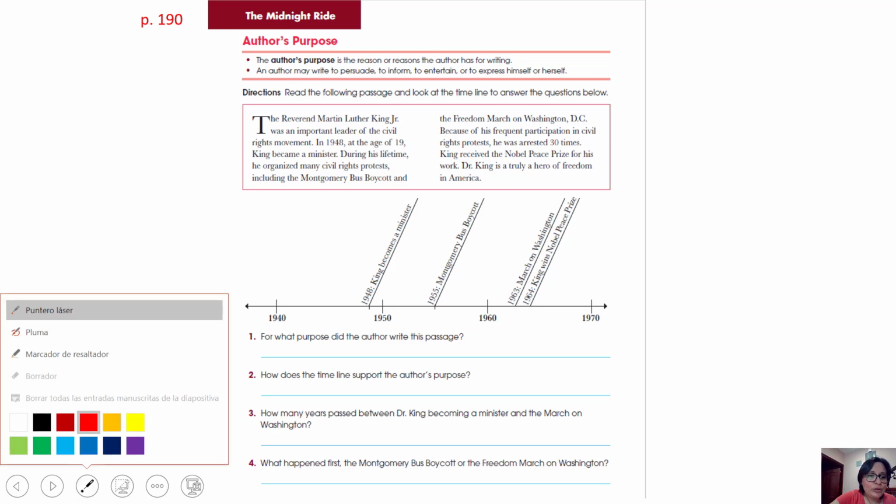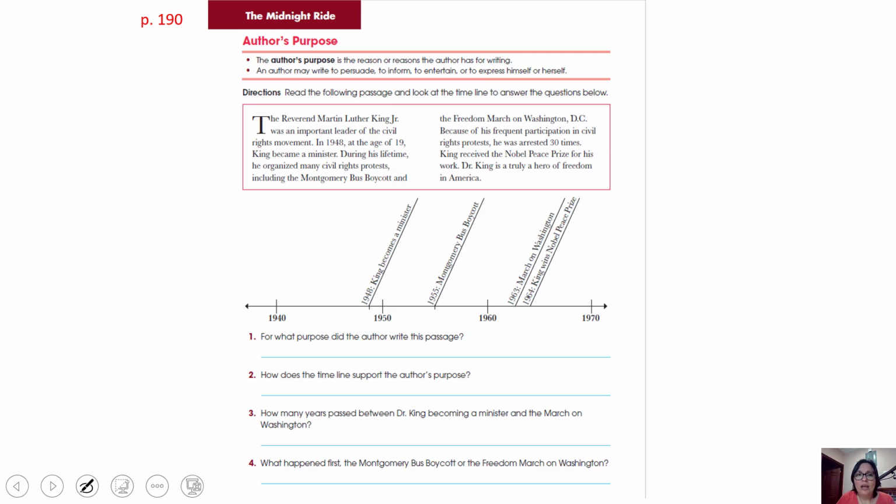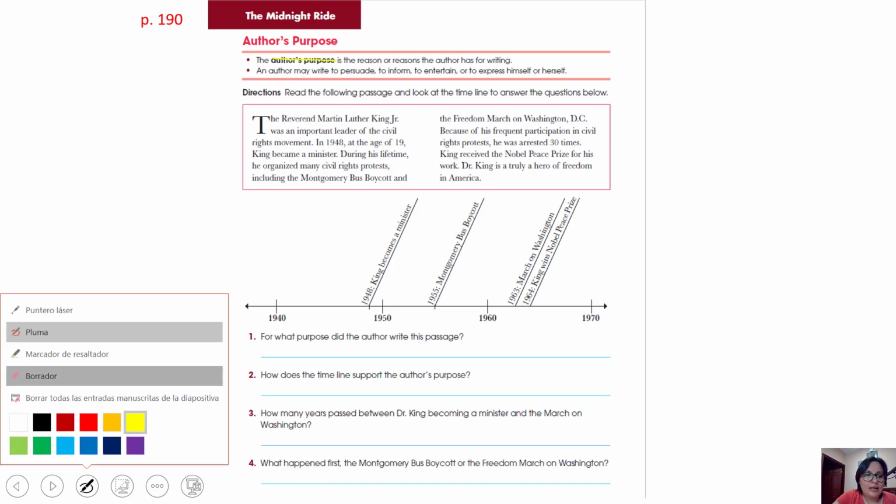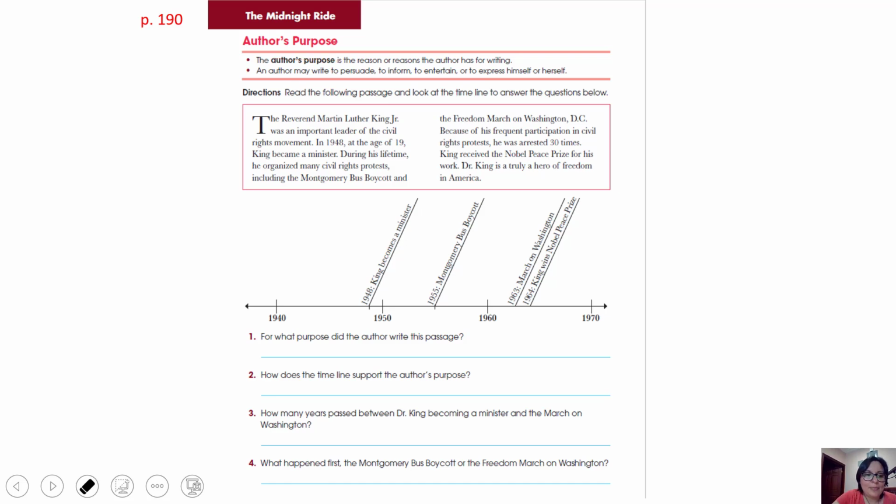And in there you are going to underline what is the author's purpose. The author's purpose is the reason or reasons the author has for writing.